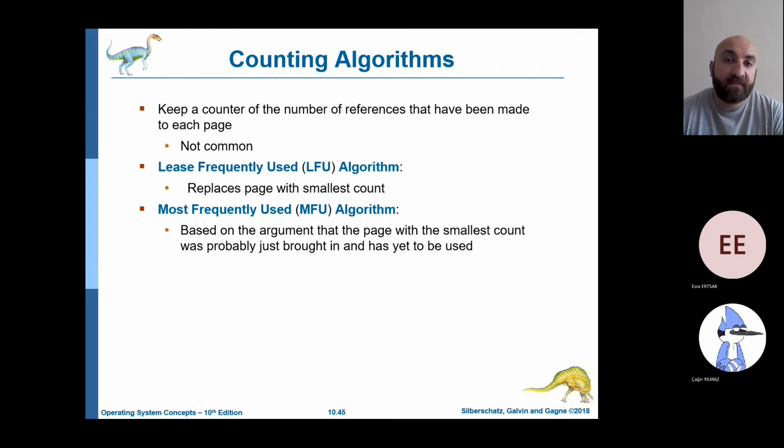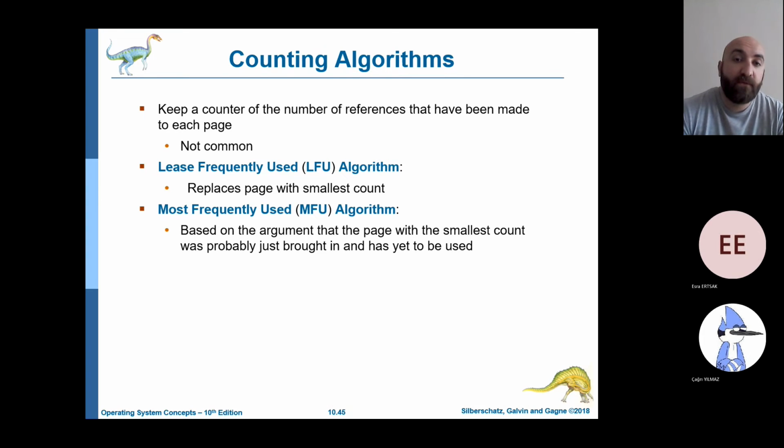There are many other algorithms that can be used for page replacement. For example, we can keep a counter of the number of references that have been made to each page and develop the following two schemes: the least frequently used and most frequently used algorithms. The least frequently used, LFU, page replacement algorithm requires that the page with the smallest count be replaced.